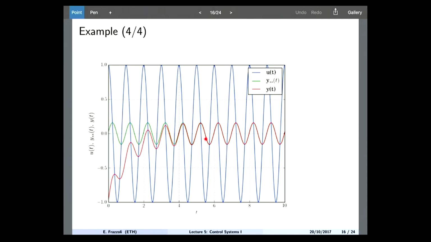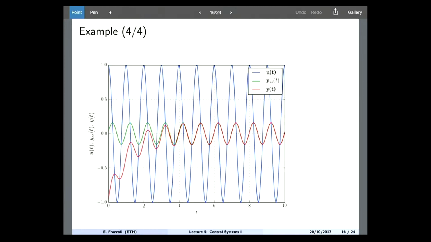And as you can see, this red curve converges very quickly to just a sinusoid of constant amplitude, which is given by this green curve, okay? The difference is in the transient, but you see that the transient dies out very quickly, okay?